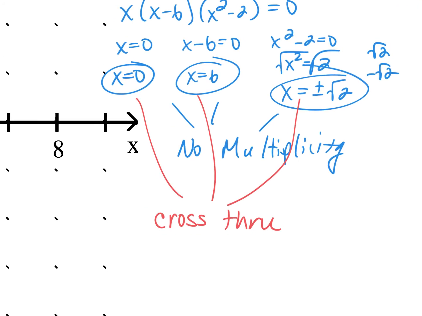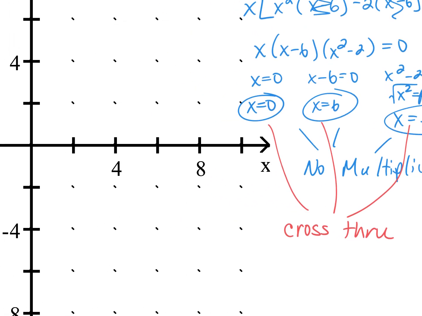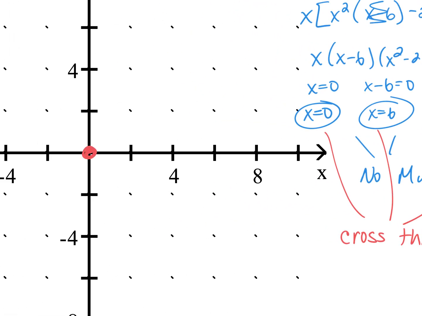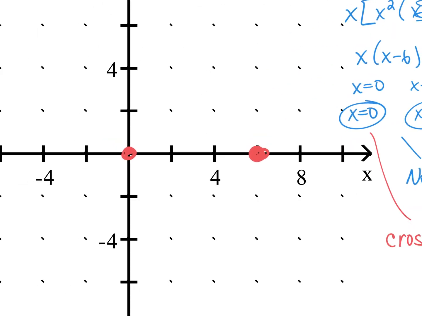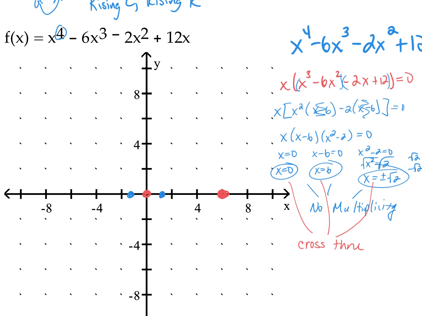There is 4. So if we draw our intercepts, I have one at 0. I have one at 6. And then positive, negative square root of 2. So we'll say maybe here-ish, maybe here-ish. All right, so our graph, what did you say that the ends of the graph were doing? They're both going up, right?